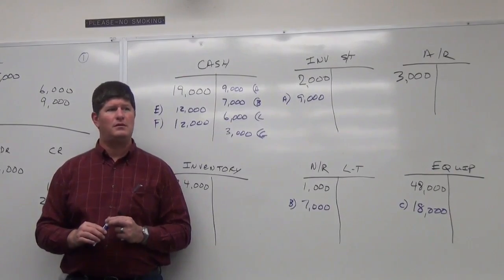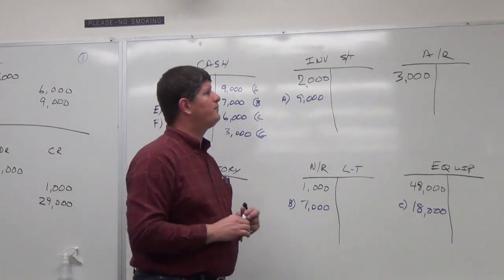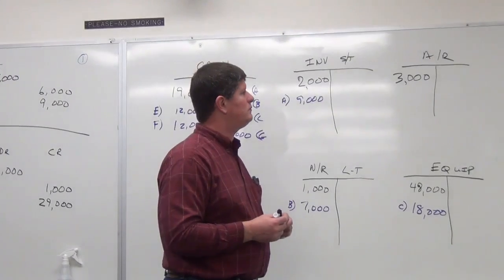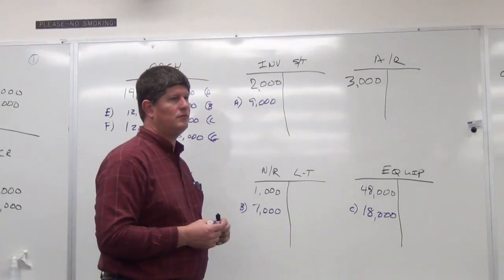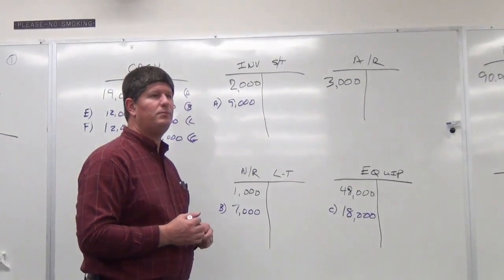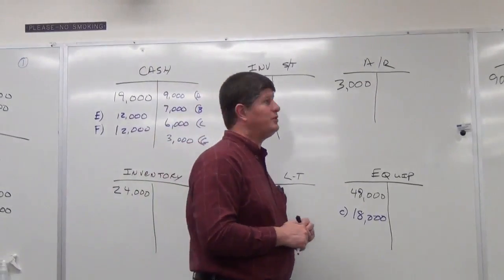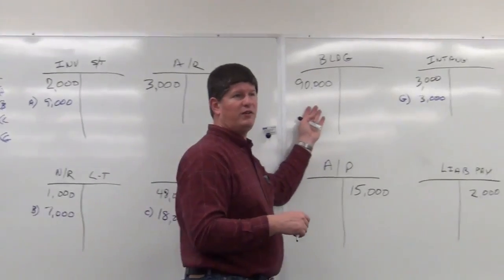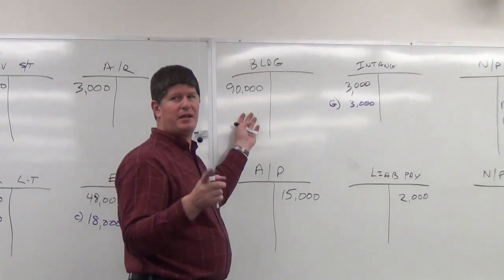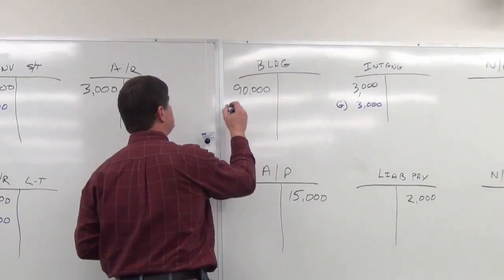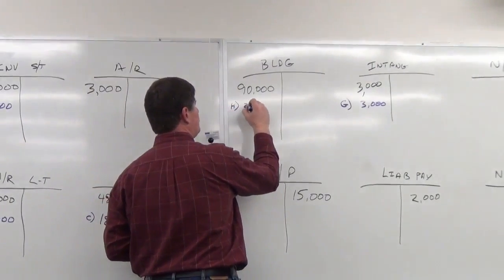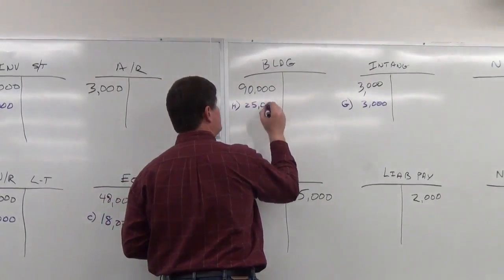H. Built an addition to the factory for $25,000. Paid $9,000 in cash and signed a 3-year note for the balance. So we built an addition to the factory, so that's a building for 25 grand. Buildings is an asset, it increases on which side? H, $25,000.